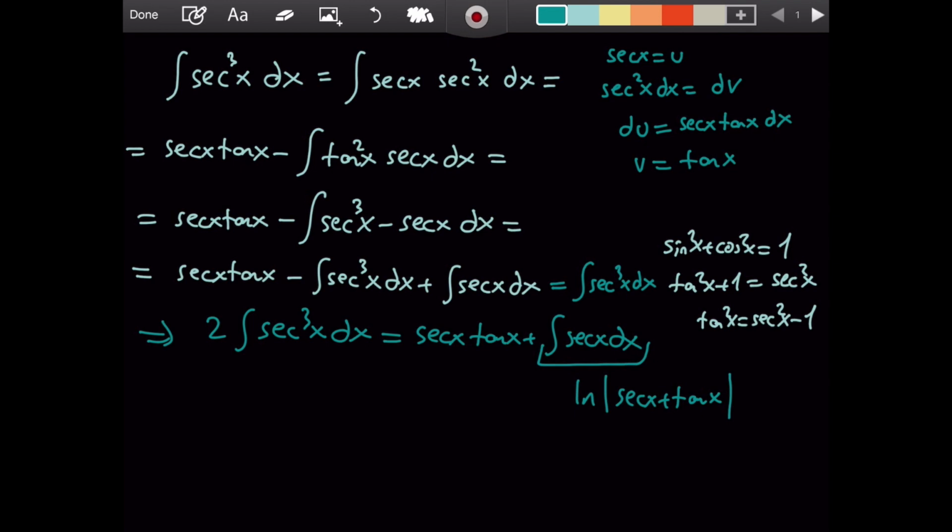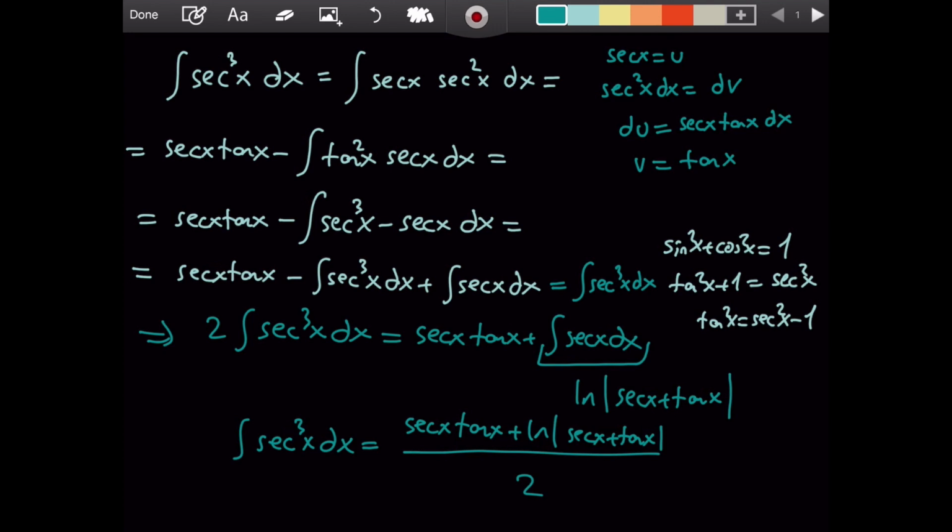Okay then, so we're just going to divide by 2 to find the integral that we want to find. So the integral of secant cubed of x dx is equal to secant of x times tangent of x plus ln of the absolute value secant of x plus tangent of x, all over 2.